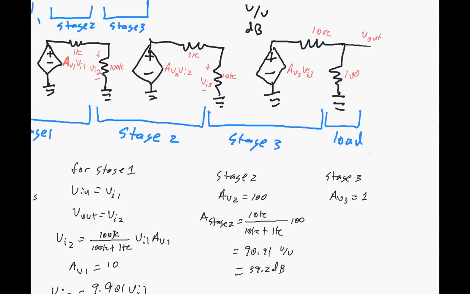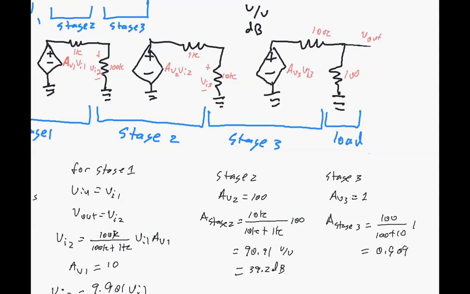So stage 3 would be equal to 100 over 100 plus 10 times 1, and that equals 0.909.